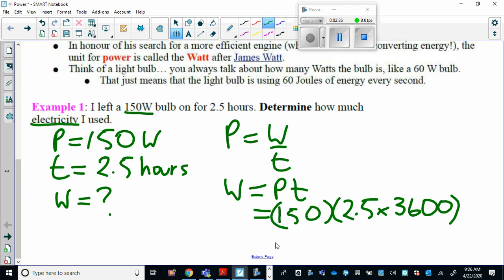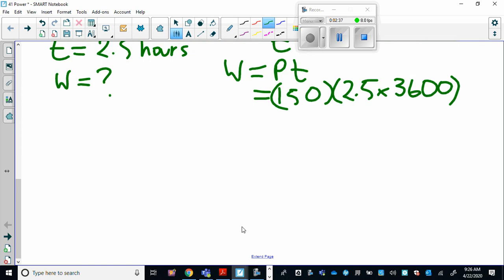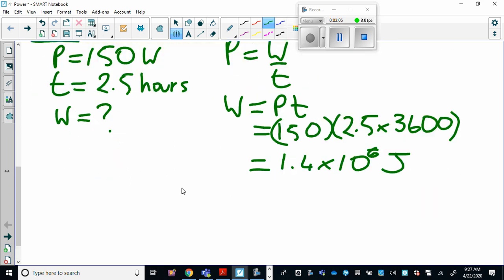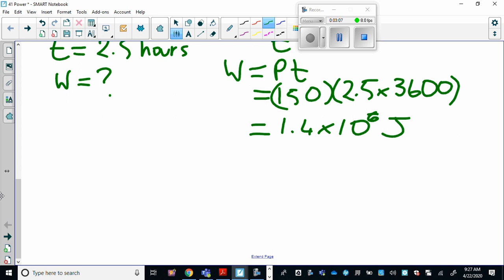And that's going to spit out a number, 1.4 times 10 to the 6 joules. Which should leave you a little shocked. You should be saying, oh, a 150-watt bulb on for 2.5 hours uses 1.4 million joules of energy. Ooh, turn your lights off, or don't use 150-watt bulbs. You should never have to use a 150-watt bulb anyway.